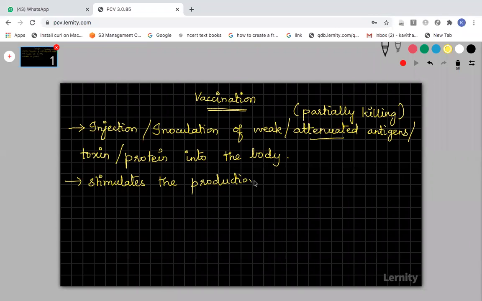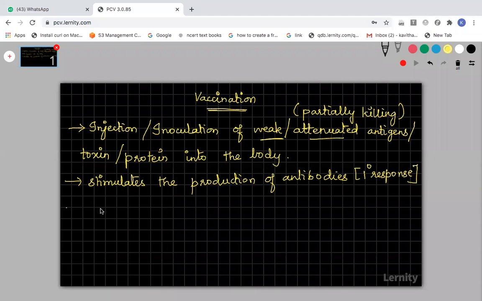This stimulation of production of antibodies for the first time is called the primary response. The primary response will be very weak and of low intensity because your immune system is not aware of the pathogen. But since the pathogen allowed to enter is a weak pathogen, the antibodies produced in your primary response are strong enough to fight against it.